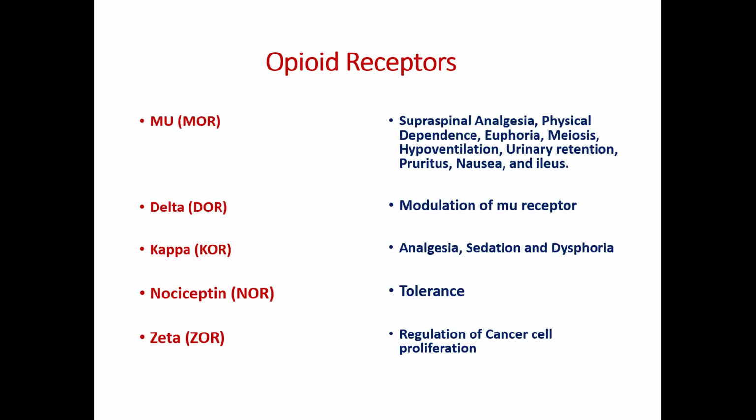That's the one responsible for euphoria, supraspinal analgesia, miosis, physical dependence, respiratory depression, urine retention, pruritus, all the side effects, nausea, ileus. The kappa is also important, and we're going to talk about it in a second. Kappa is related to spinal analgesia, sedation, and dysphoria.